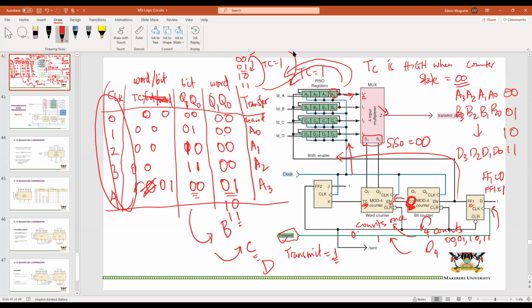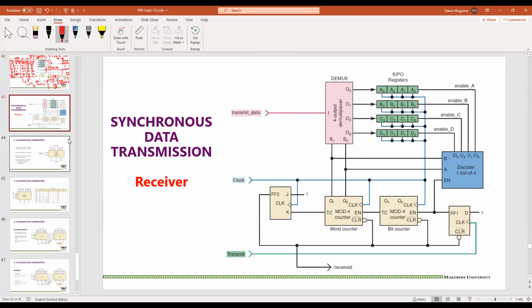Every time this one is at 0, 0, you do that. That means when it's at 0, 0, you are transferring word A. When at 0, 1, you are transferring word B. At 1, 0, you are transferring word C. And at 1, 1, word D. But each of these words requires 4 counts on the bit counter. Yeah, a little confusing, but when you read the notes, you will understand.